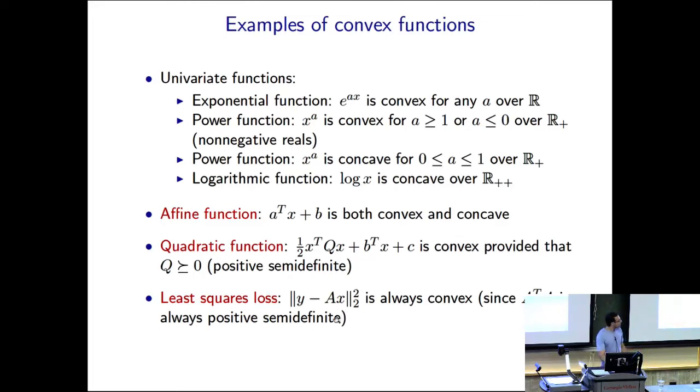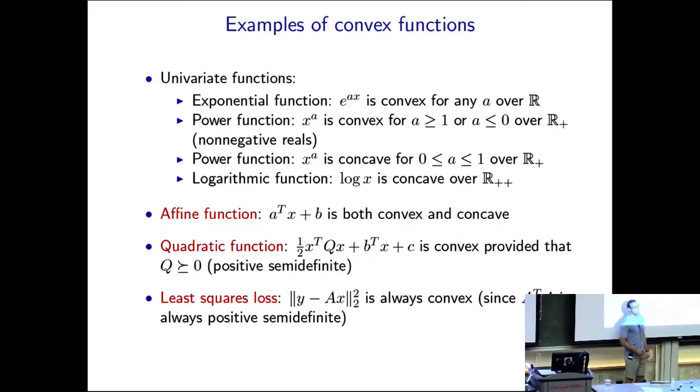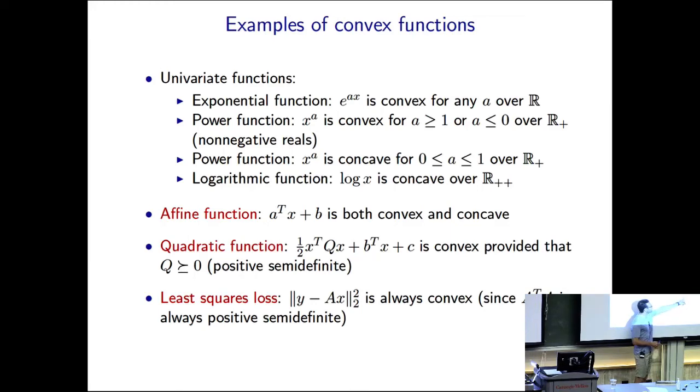And a function that's our friend from doing, let's say, regression is the least squares loss. So if I look at the 2 norm of y minus a matrix A times x, squared, this is the kind of thing we would minimize if we're doing regression, where the response is y and the variables are x.